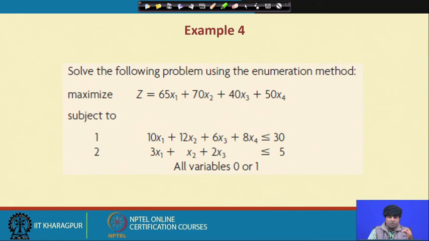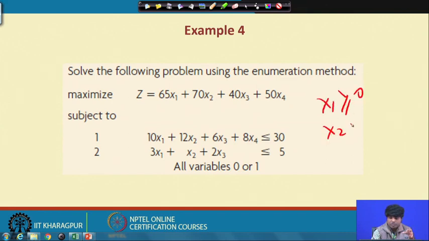So, let us say this is the problem here, and the problem is with respect to 4 variables, and then we have 2 different constraints and all are less than type constraints. Earlier the structure was x1 and x2. We first start with the simple problem that x1 greater than or equal to 0, x2 greater than or equal to 0, and x3 greater than or equal to 0, x4 greater than or equal to 0.